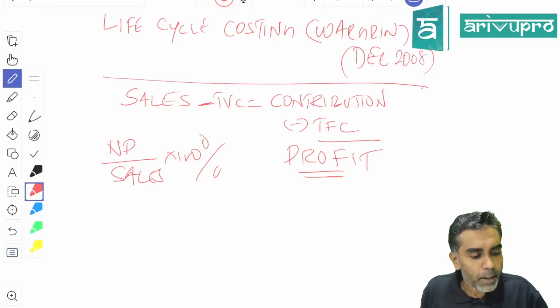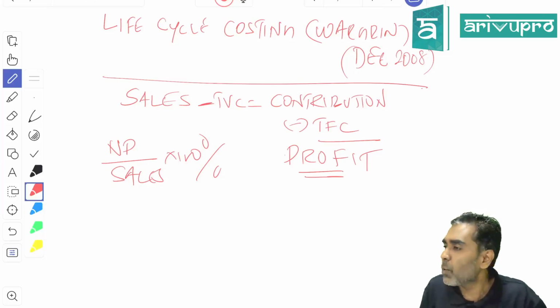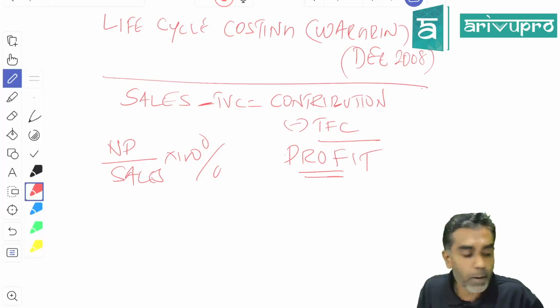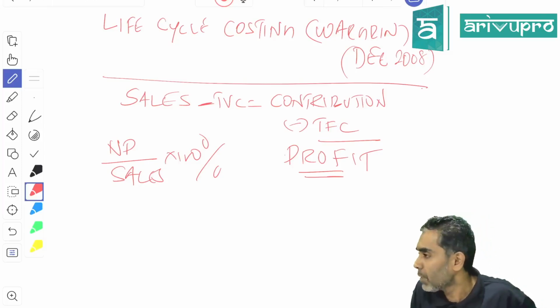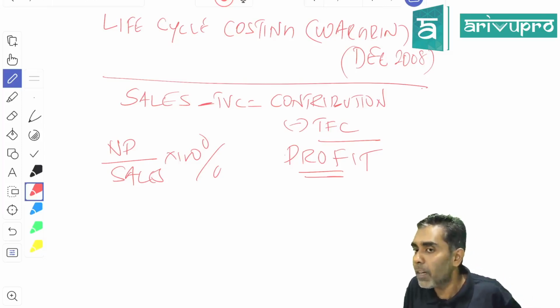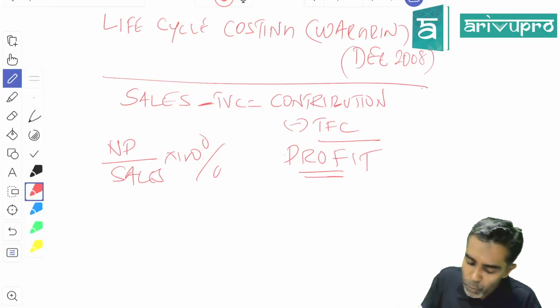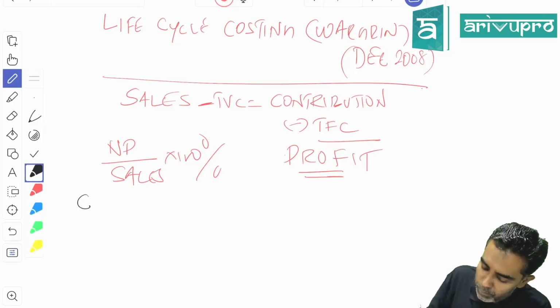Second one, a rate of contribution: sales price less variable cost. It's given in the question itself. What is meant by contribution? 75% is also considered acceptable. For that, of course, we will be learning. There's a ratio we call the CS ratio.